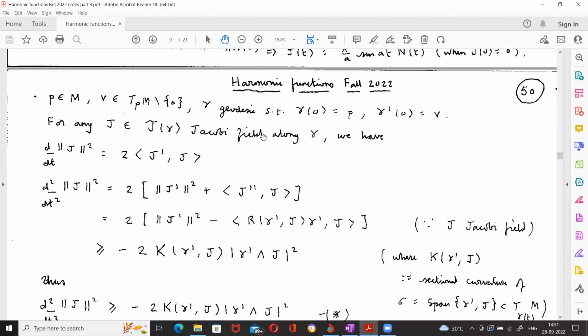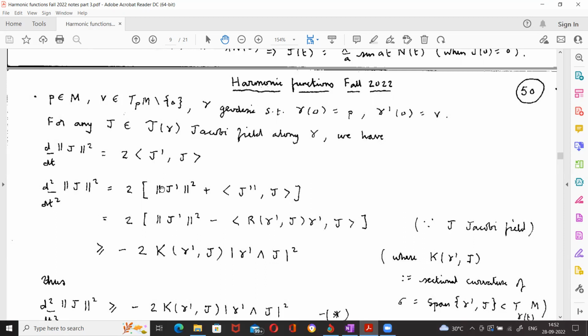If J is a Jacobi field along a geodesic gamma, let's look at the function norm J squared. If we differentiate this once, we'll get 2 times inner product J prime, J. Now, if I differentiate this again, I'm differentiating this inner product J prime, J. So by the metric compatibility, I'll get a J double prime, J term and a J prime term.